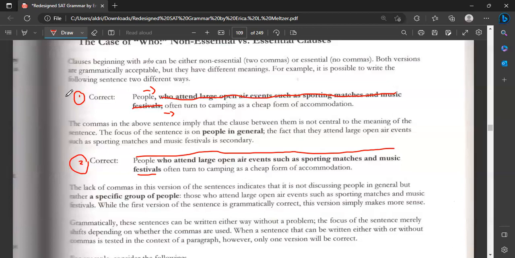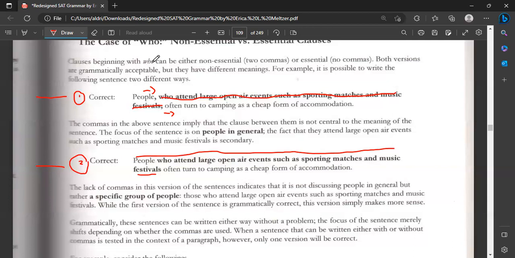Imagine this was a different passage; 1 and 2 are different passages. I'm not trying to focus on creating a non-essential clause. I know you know how to do that, but I want you to focus on the meaning of a sentence. So when you ask how do you know, you probably can't, just because there's no non-essential clause.